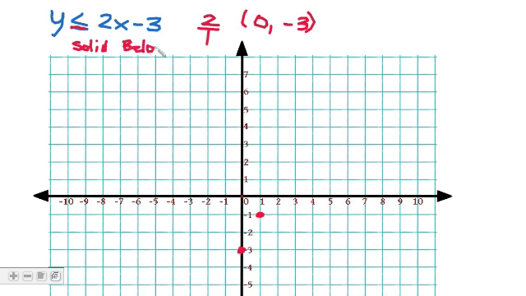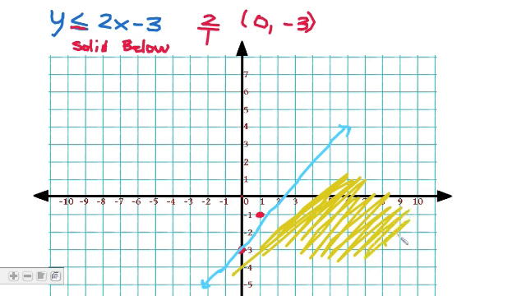All right, so there are our instructions on how to shade. Now let me see my best ability to draw a straight line here. Best I can. Notice I made it solid because it's an equal to. And we'll just shade in this whole area here. And that's all you have to do.